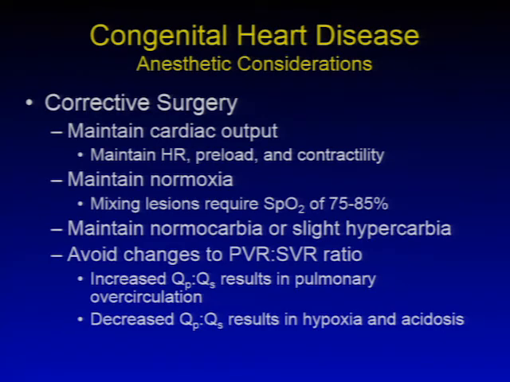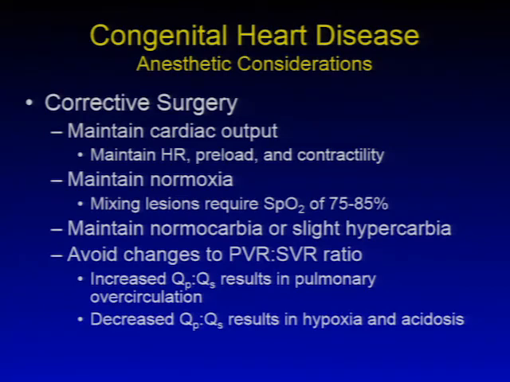In the unpalliated child presenting for non-cardiac surgery, typically they're going to be hemodynamically stable and awaiting definitive repair. And this could be the child that has a tetralogy of Fallot that requires another surgery more urgently. Children with partial palliation may include a child with a hypoplastic left heart syndrome or, on the other hand, tricuspid atresia, both of which only have one systemic ventricle, and they're awaiting subsequent staged repairs.